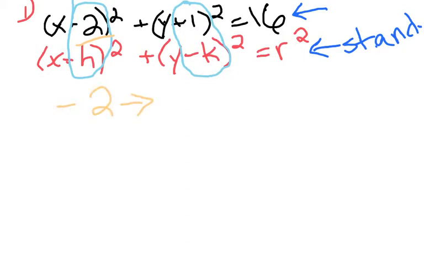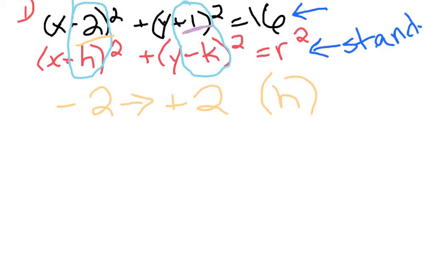The opposite of -2 is +2. Another way to say that is the opposite of minus is plus. But that is h. Now, I know that there are lots of different ways to do this, and I think that with your calculator accommodation, this is probably the easiest way to do this.